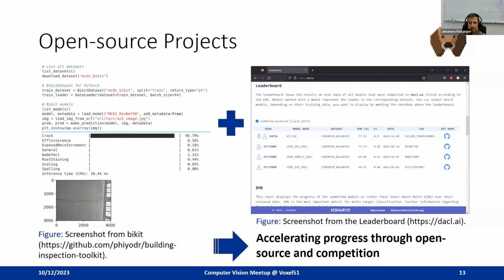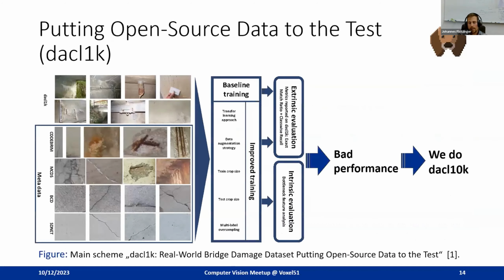It's basically a leaderboard that shows the best performing models on the given datasets. Currently, there are 2 datasets in Dacl AI, so you can see the performance of different submitters on those datasets. And we also directly link the source code there. So that's what Dacl AI basically is.